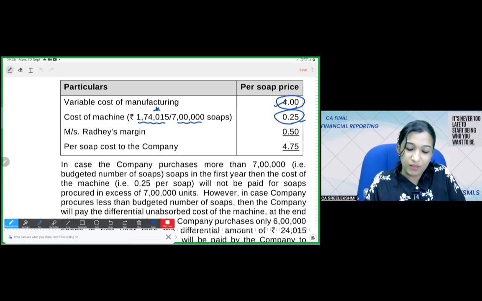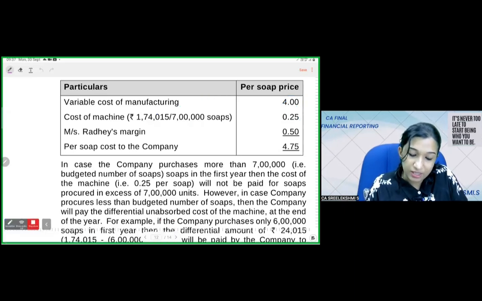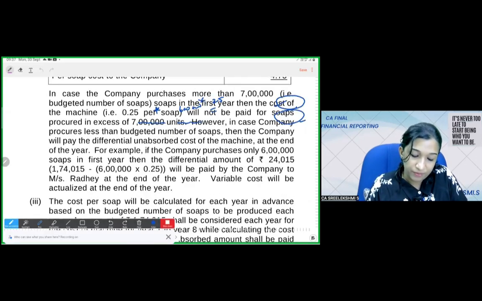So variable cost will be actualized at the end of each year. Cost per SOP is calculated for each year in advance based on the budgeted number of SOPs to be produced. An amount of 1,74,015 shall be considered each year for the cost of machine for year 1 to year 8 while calculating the cost of SOP.